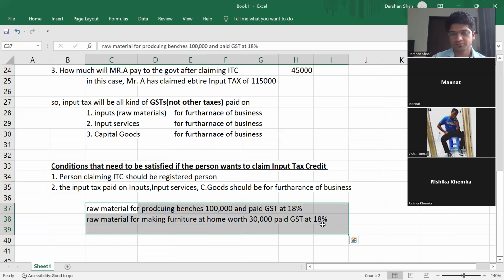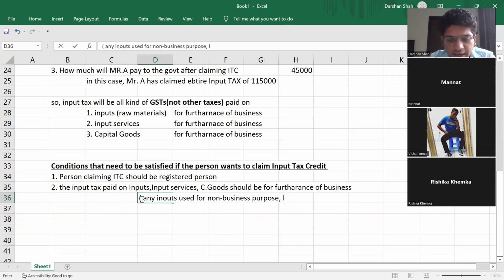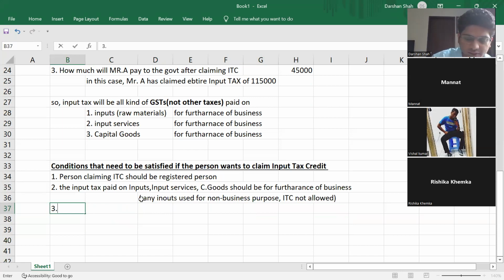Furtherance of business. So any inputs used for non-business purpose, ITC is not allowed. All right. Next. Clear till here? Yes or no? Yes. Okay.